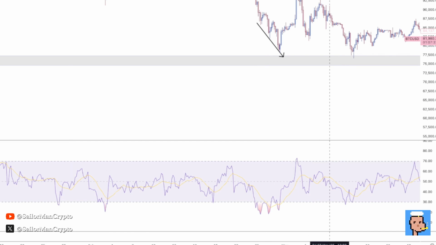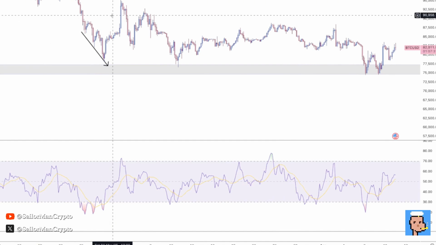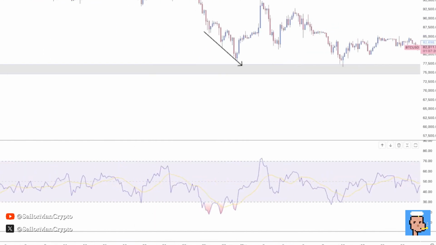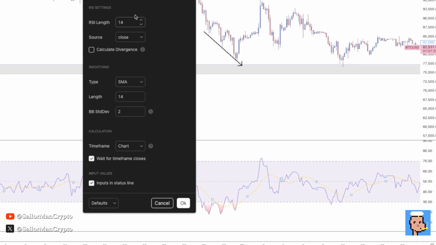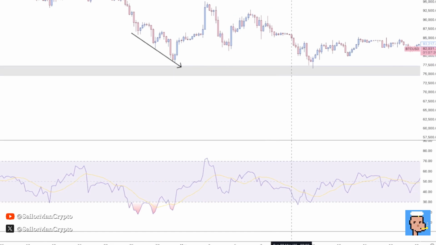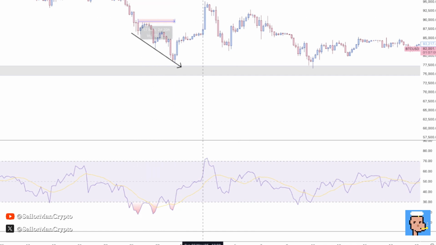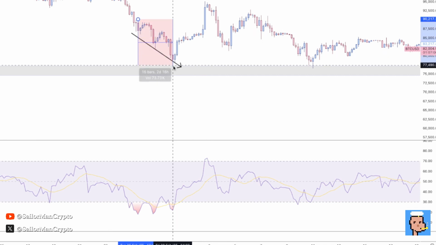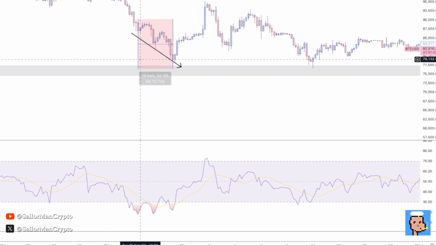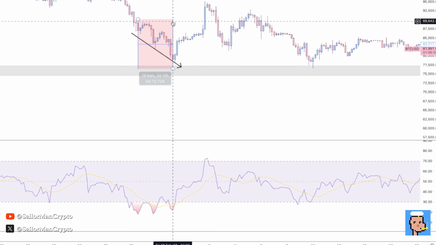Another part, let's say from the textbook application of the divergence, is the period. As we said, if we see here, the length of this RSI is 14, so it means that usually divergence should be looked for on a period of 14 candles on that time frame. So if you see here, probably we exceeded these 14 candles, we have 17, but I don't tend to be extremely precise on this, so even if there are a few candles more, it's still fine.